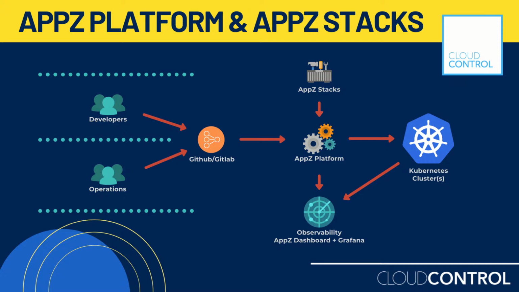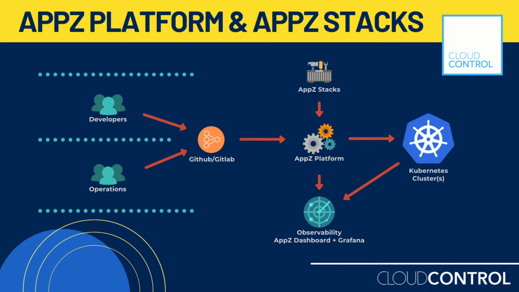You basically commit your source, commit the configuration, commit the manifest file, and that gets committed to Git. Everything behind the scenes happens automatically. Your application comes up and it stays alive. It is resilient. It has replication, everything enabled when required. All that is happening behind the scenes while you have full visibility and audit traceability through the observability platform. That will be the AppZ dashboard.